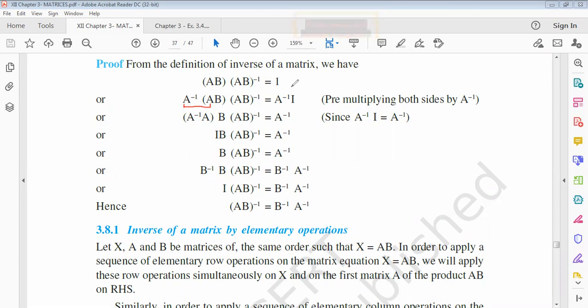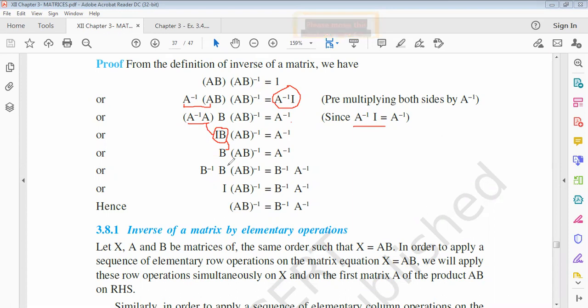Then A inverse I: if the identity matrix is multiplied by any matrix, we get the matrix itself, so it is A inverse. Now A inverse A equals I, and I multiplied by B gives B. Then B (AB) inverse is equal to A inverse.